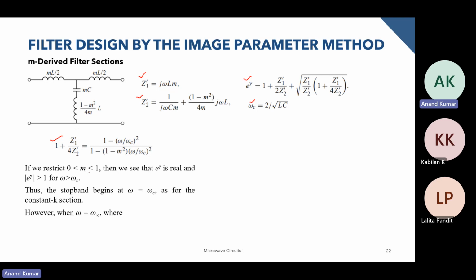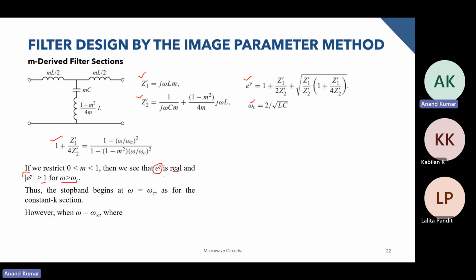So if we restrict the value of M from 0 to 1, then we see that this e power gamma, which is the propagation factor, is real, and its magnitude is greater than 1 for omega greater than omega c.